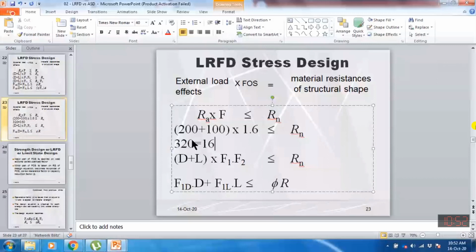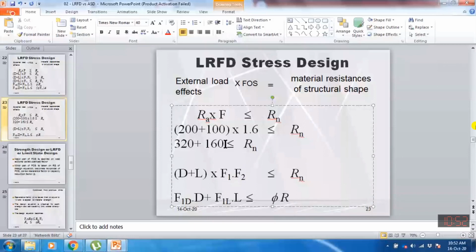Isn't that? And that should be less than or equal to Rn. So the total answer, what is the total answer? 480 maybe. So total load acting is 480.